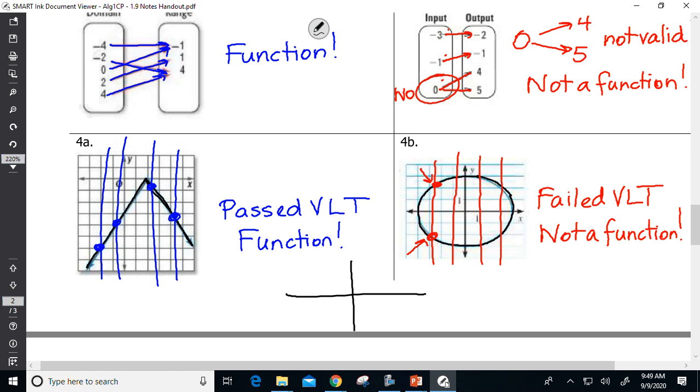you have the XY grid, and then you have a curve that's already there, another graph that's here. So this is what they would start you with. If I'm asking you, is that a function, you have to be the one that draws the vertical lines.